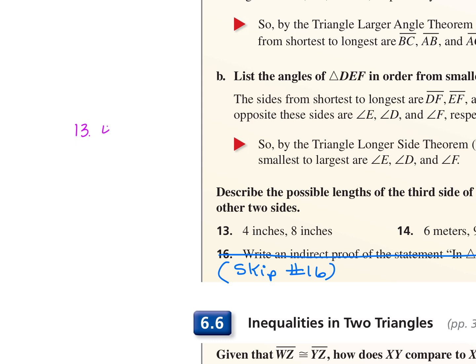So I'm going to first add 4 plus 8, that's going to give me 12. And then subtract 8 minus 4, which is going to give me 4. So my value of my side has to be greater than 4, but less than 12. Please make sure you are writing it this way because you will see it this way on the test.